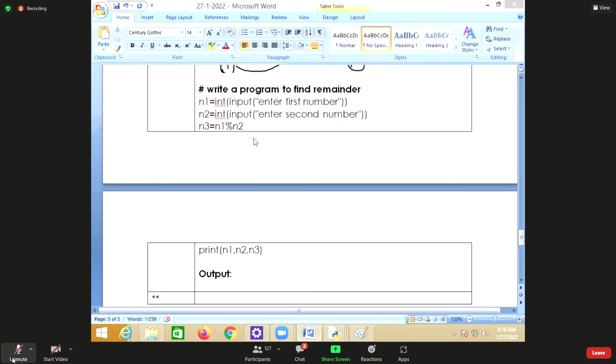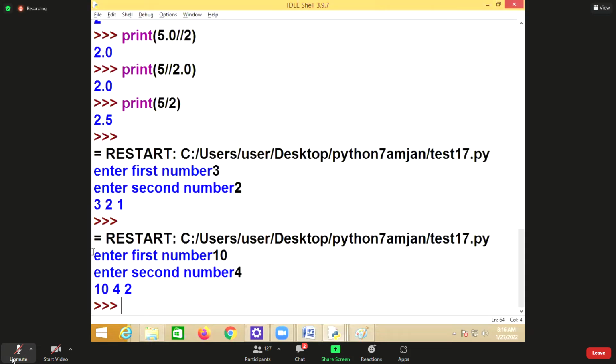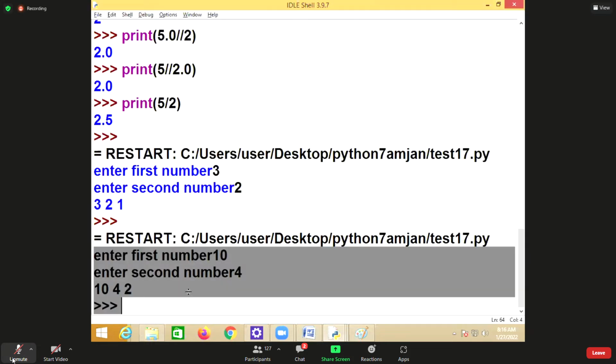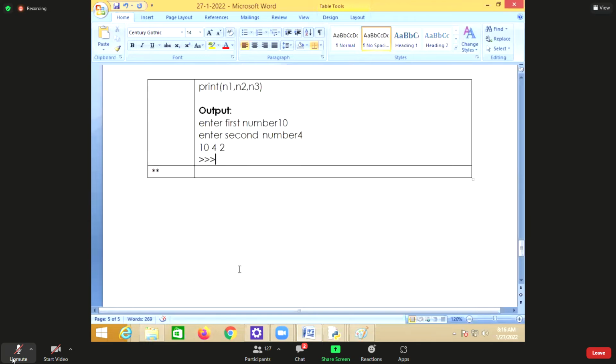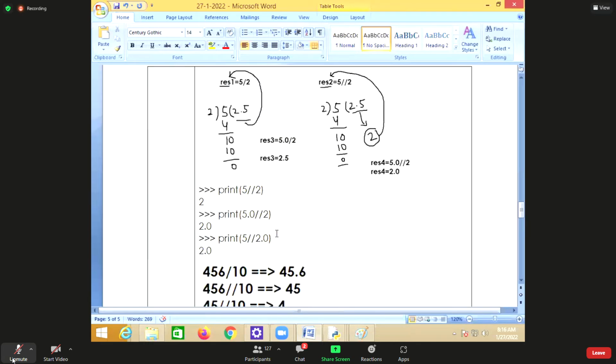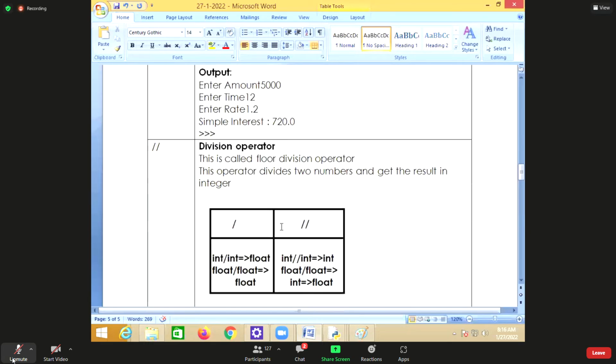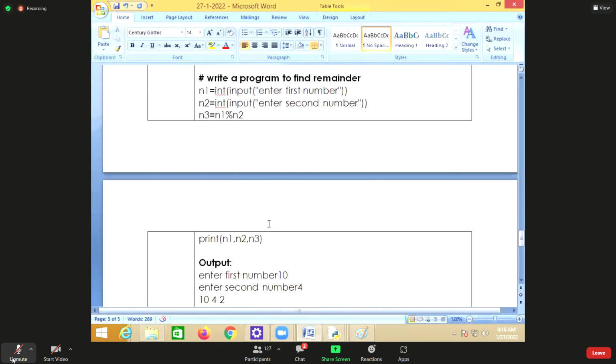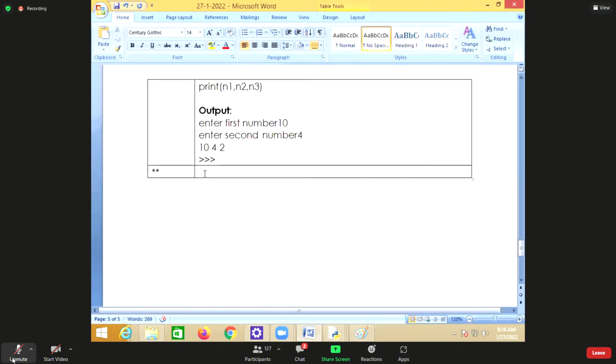Okay, now we'll see the examples, but just try to understand these operators first. And there is another operator which is called star star, which is called the exponent operator, or the power of operator.